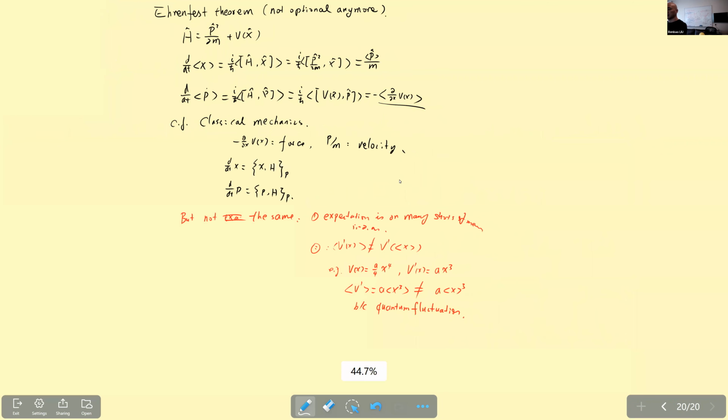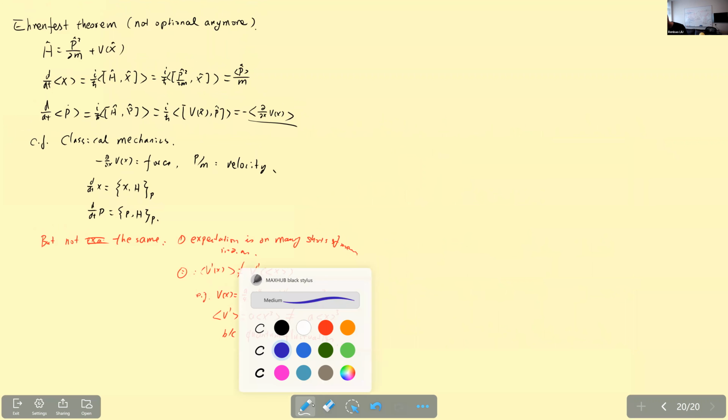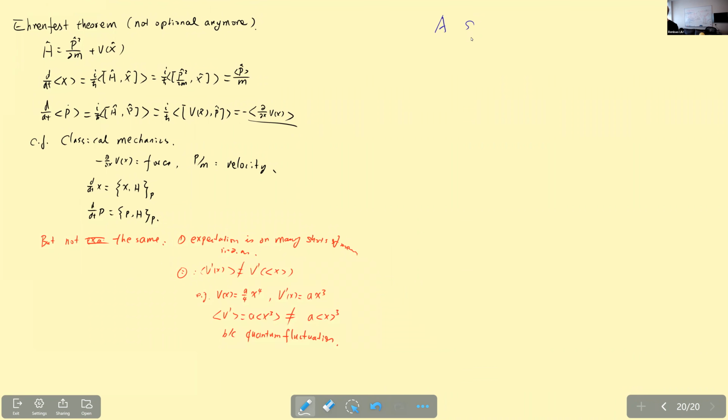But of course, there's a special case. The special case is that V(x) equals k x squared over 2. In this case, V prime equals kx. So the average of V prime of x equals V prime of the average x, because both of them equal k times the average x.